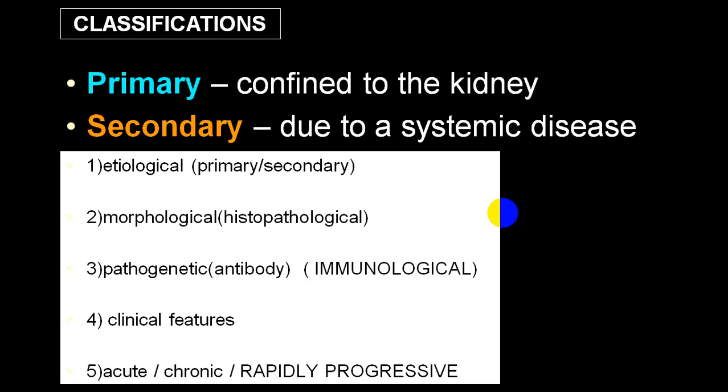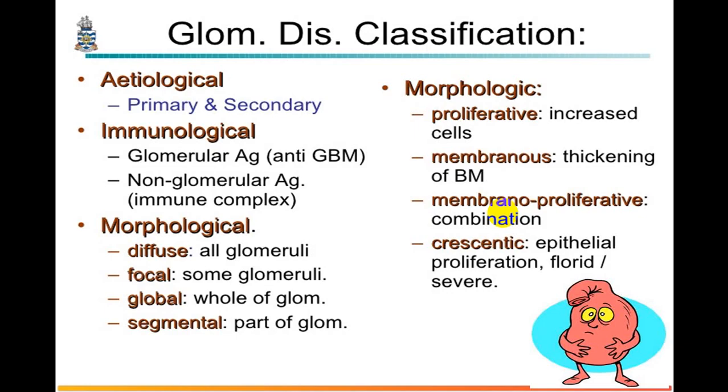Pathogenetic means when you do an immunological study, that is antibody studies, and depending on that you divide into different groups. Then depending upon the clinical features, and last, depending upon the progress and onset, we call acute variety, chronic variety, and rapidly progressive variety.